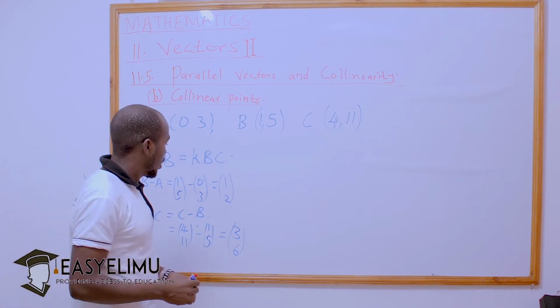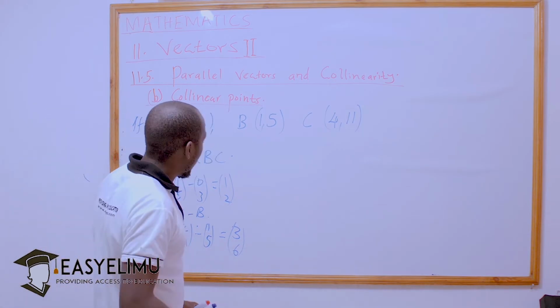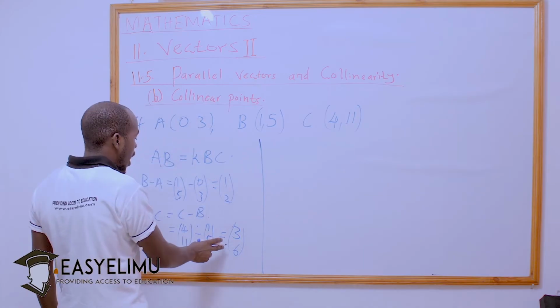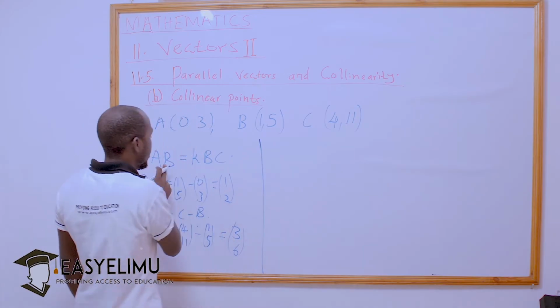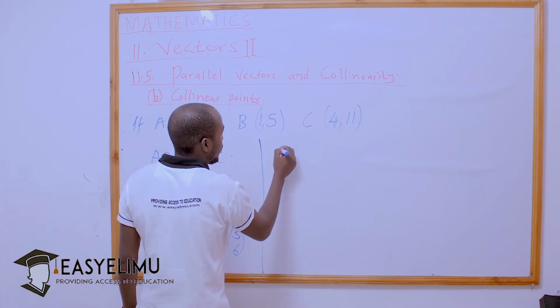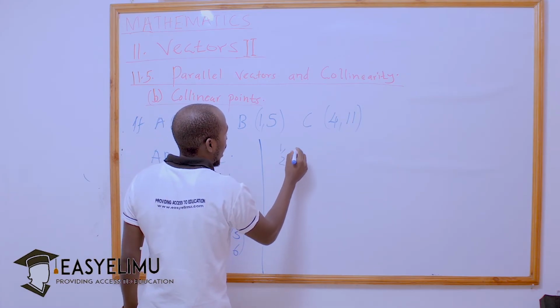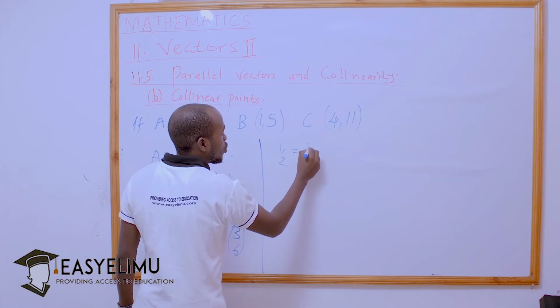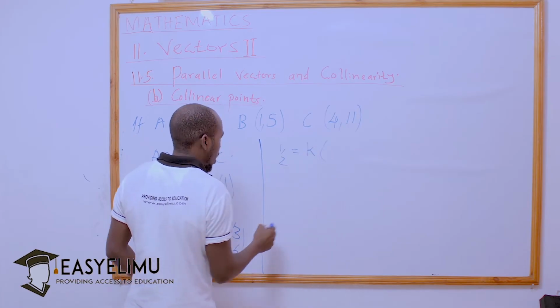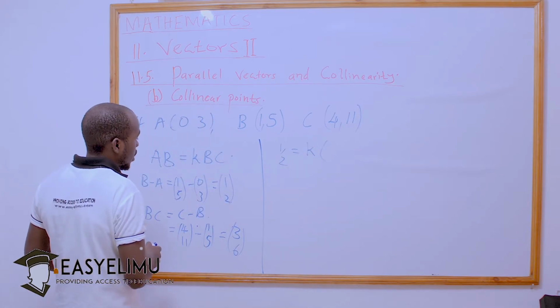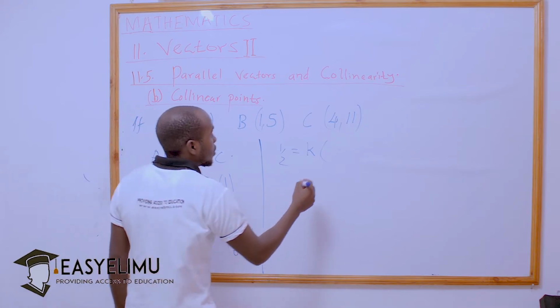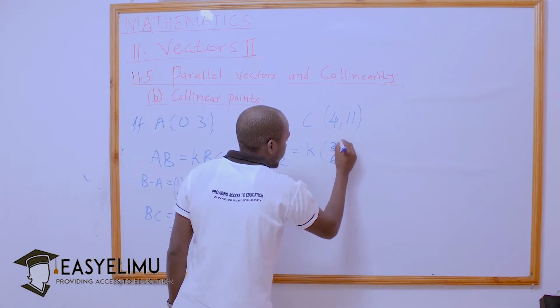So if we work out, we have AB being (1, 2), and that should be equal to K multiplied by (3, 6).